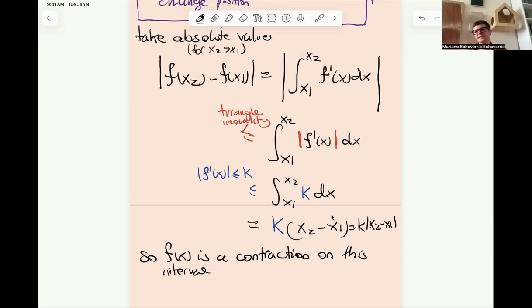It's to avoid cases, is all I'm saying, because strictly speaking, you have to do a case where x2 is greater than x1 and where x1 is greater than x2, but it's completely symmetric. It doesn't matter which one you call x2 and x1, you can always call x2 the larger number.